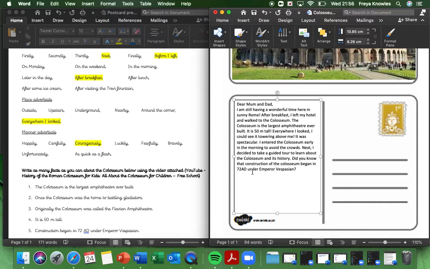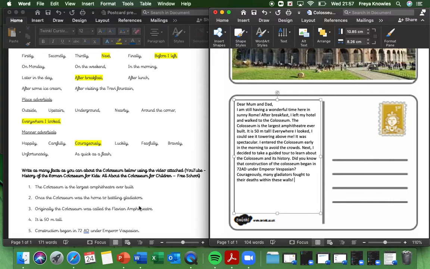So you can say, next one, after breakfast we've used, next we've used, before I left, courageously. Courageously, many gladiators fought to their deaths within these walls. So again, we've combined a fronted adverbial and our fact here.